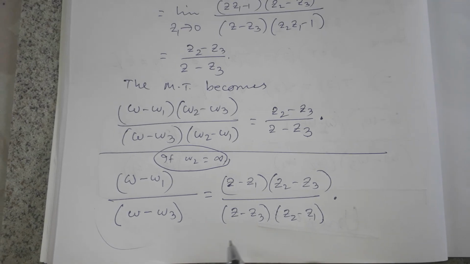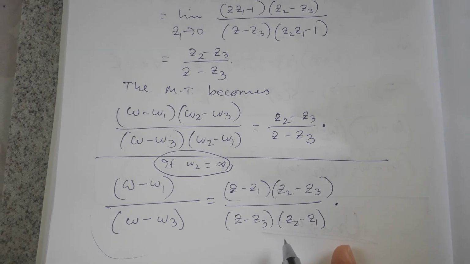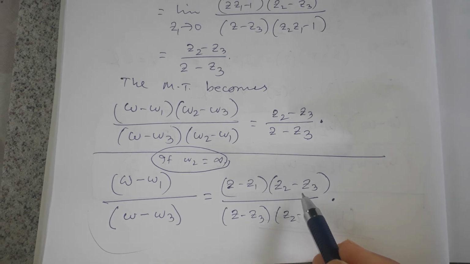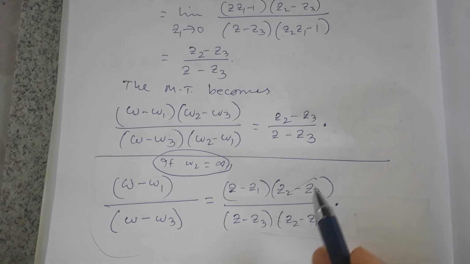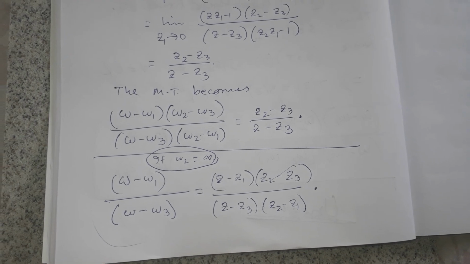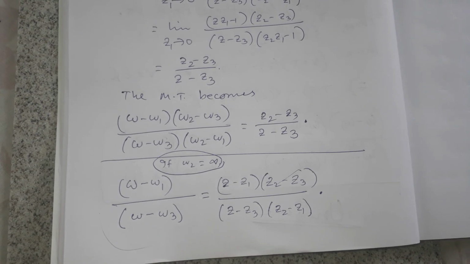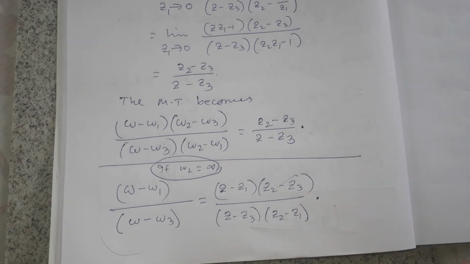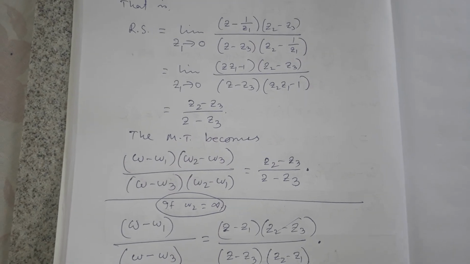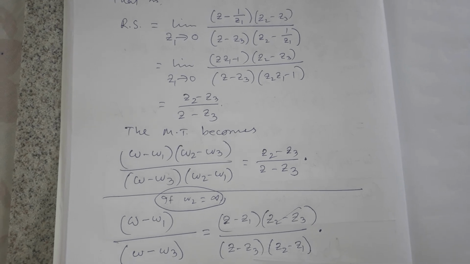And if in this case also one of the points is at infinity, then you can cancel that term. For example, suppose Z3 is infinity, so you cancel those terms, and that will be the corresponding transformation. So the point at infinity is also considered when three distinct points are mapped to three distinct points.